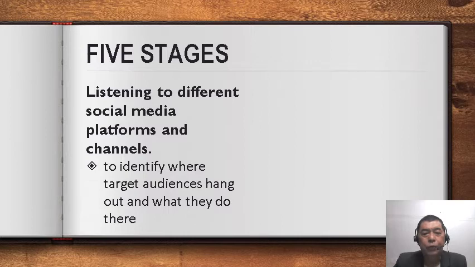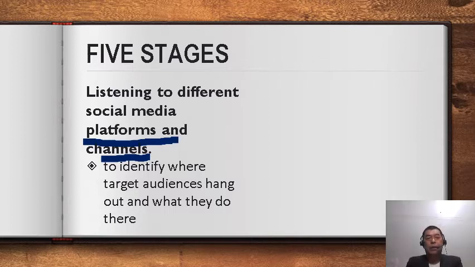listening to different social media platforms and channels. You must identify where the target audiences hang out and what they do. Like for example, right now in social media, because of the COVID-19 pandemic, a lot of these platforms and the trend, like for example, exercises, people who like to plant, people who like exercises, people who like to cook.